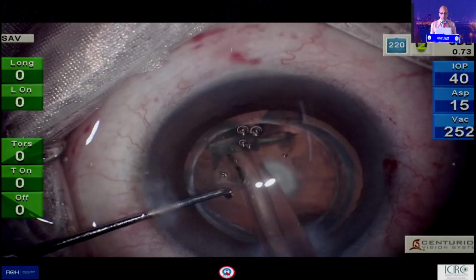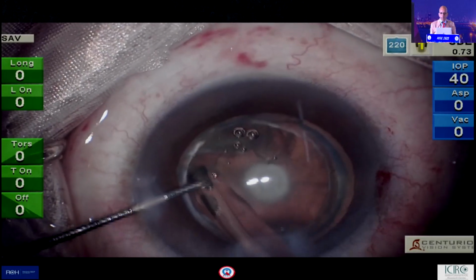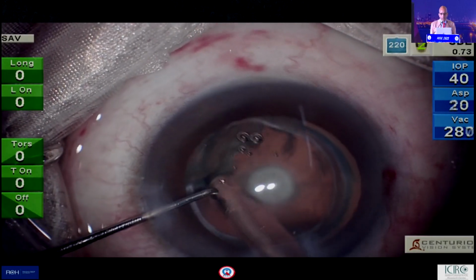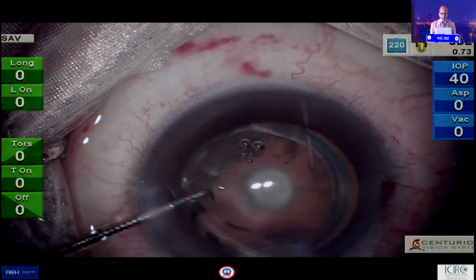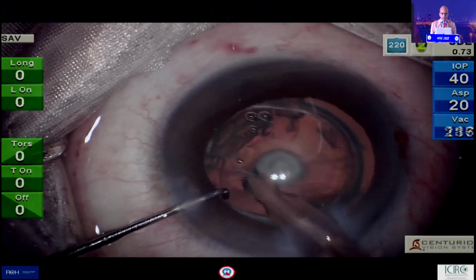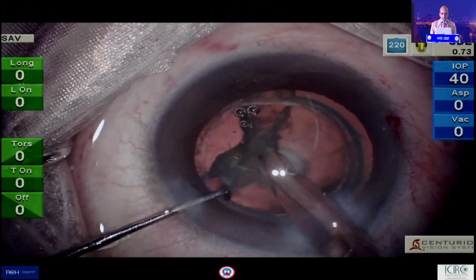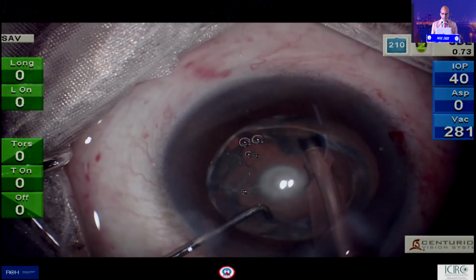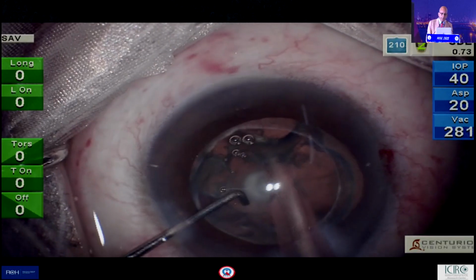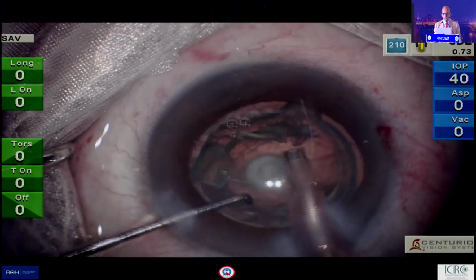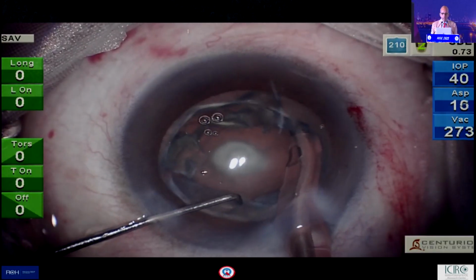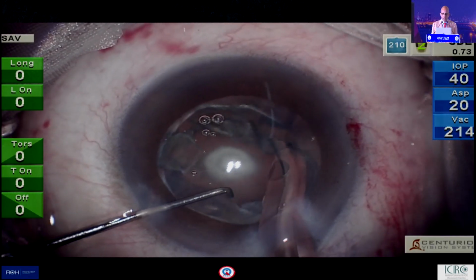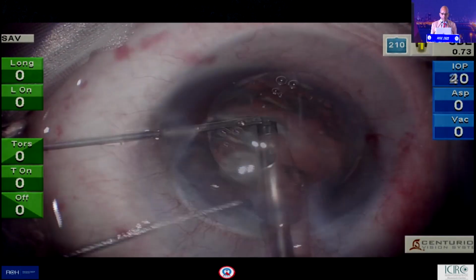And the bottle height should not be very high, and the flow rate modest, 20 cc per minute, maybe 25, but not very high. We want good control on it. And then you can avoid that thing happening. Now, at this time, if it doesn't come, it's quite okay to do subcapsular hydrodissection because fluid won't be trapped there. So don't make an issue of this if it doesn't come.